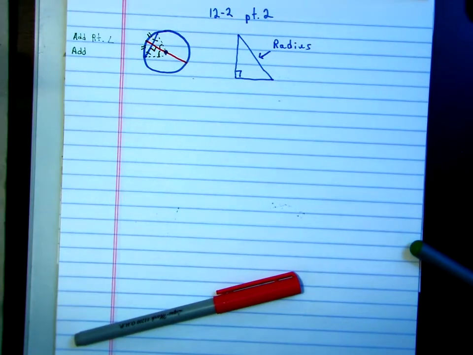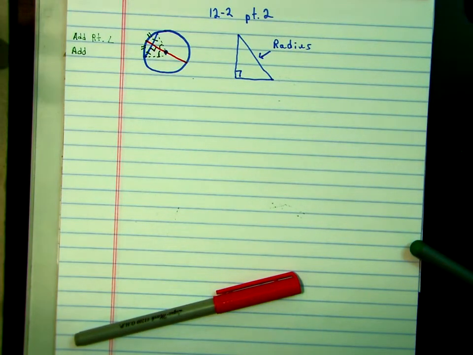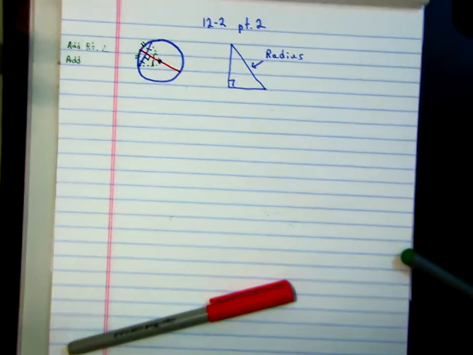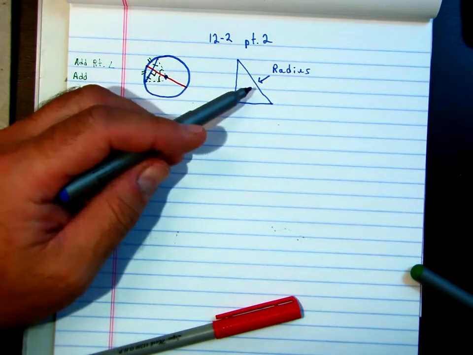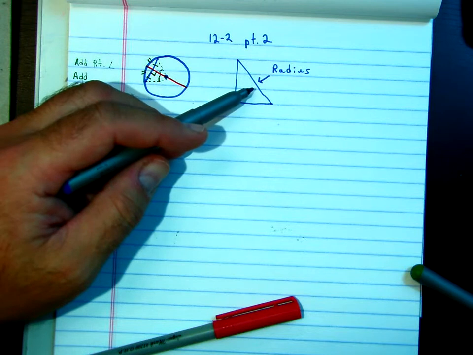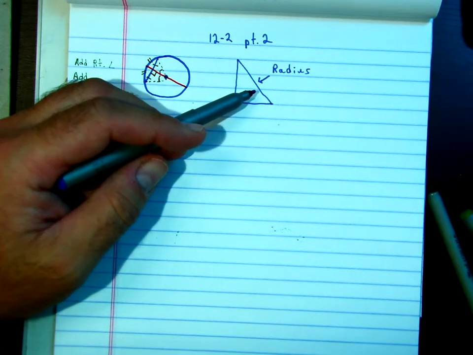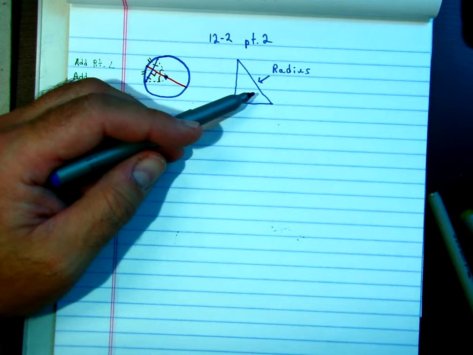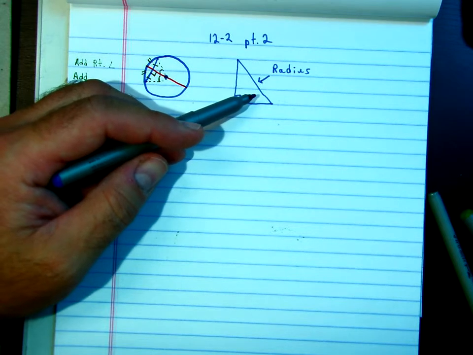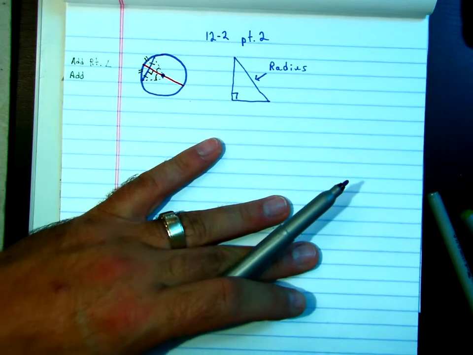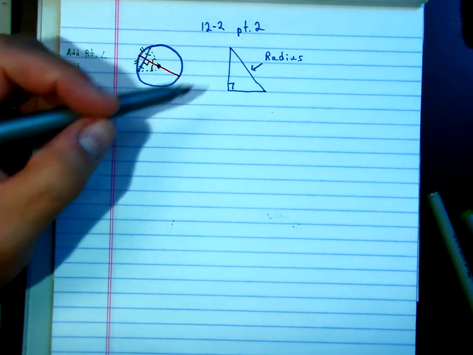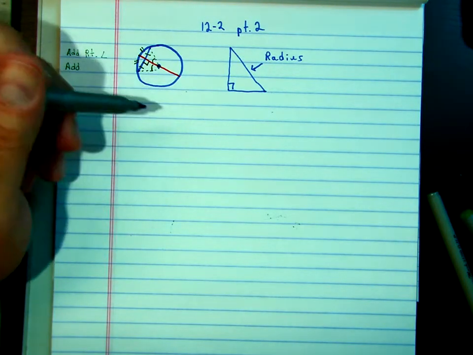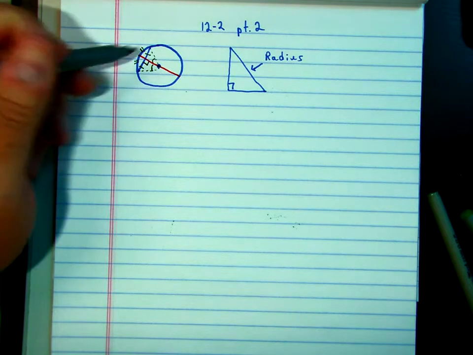So if you know what a radius is in a circle, then you'll be able to understand where to put your measurement for your hypotenuse. And then you would do right triangle work, whether it be sine, cosine, tangent, or 30, 60, 90, or 45, 45, 90, or a squared plus b squared equals c squared. All of those right triangle work problems would still exist. They're just going to give you different pieces of this puzzle.